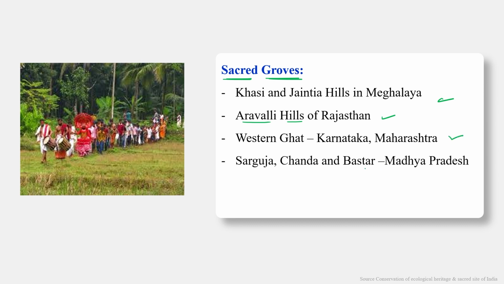These are certain tribal areas in which people are very much devoted towards their environment and their jungle, and they regard the jungle and the environment as their mother. They are very much devoted towards their surroundings.